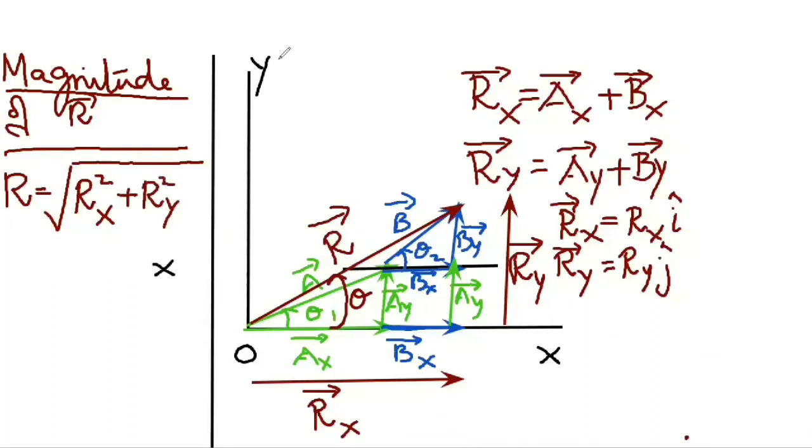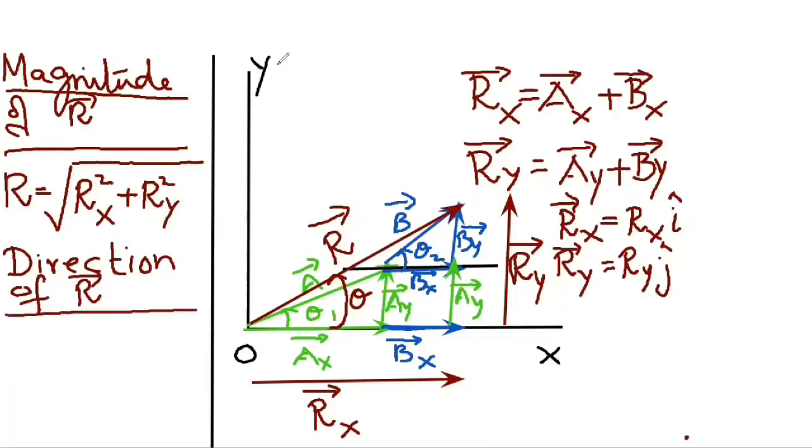Now let us find the angle which vector R is making with the x-axis. That is, let us find the direction of vector R. So we will give the heading direction of vector R. For this direction, we will use the trigonometric ratio tan theta.